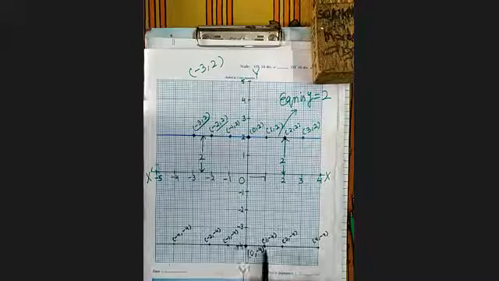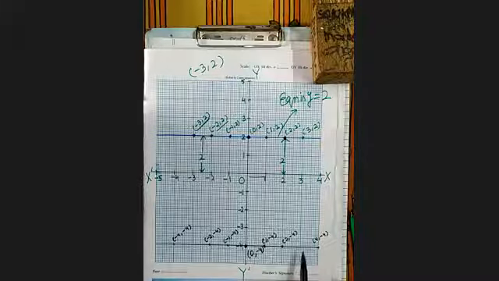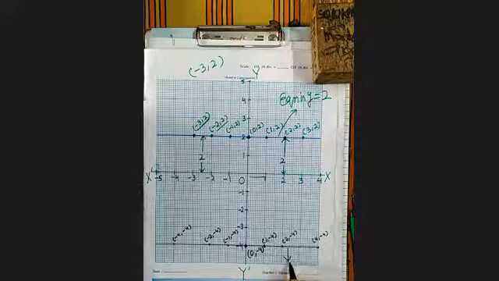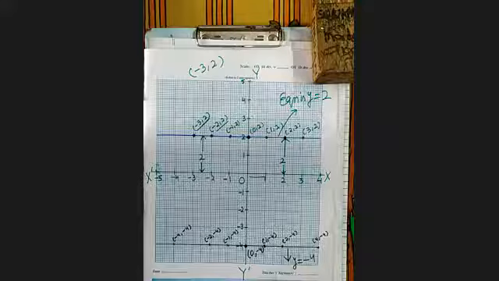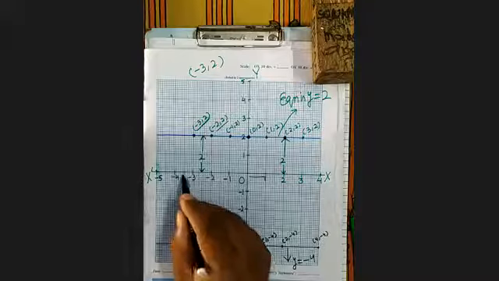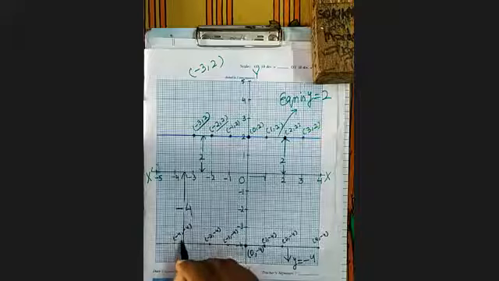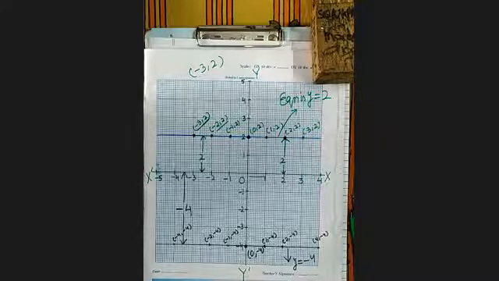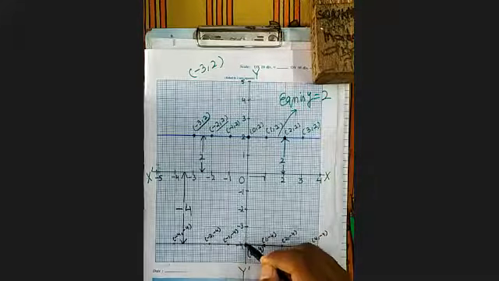Here the y coordinate of all the points is -4, so what will the equation be? y equals -4. It's clear? And what is -4? This much distance is -4. -1, -2, -3, -4.